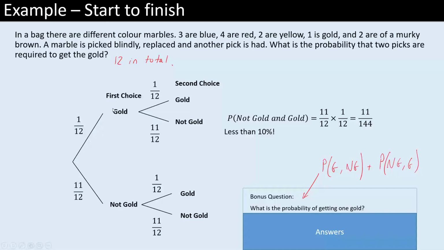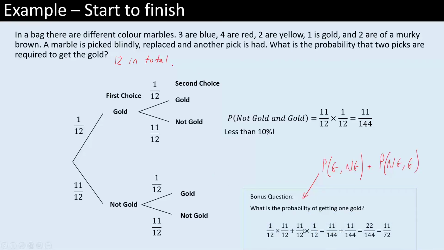Gold, then not gold, and not gold then gold, and add them together. Okay, so 11 out of 144 plus another 11 out of 144 is 22 out of 144, or 11 out of 72. Simplify your fractions wherever you can. If you can't, leave them as they are.